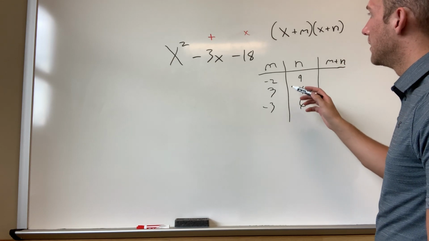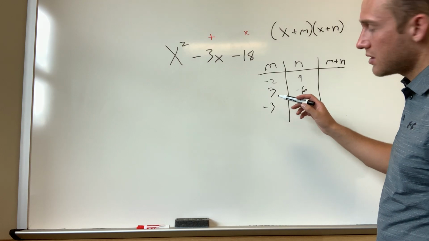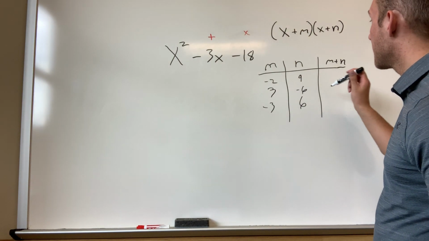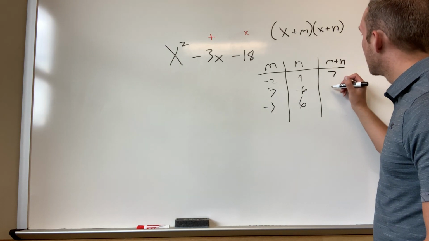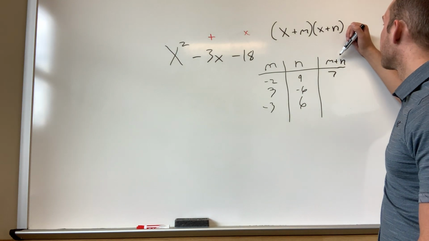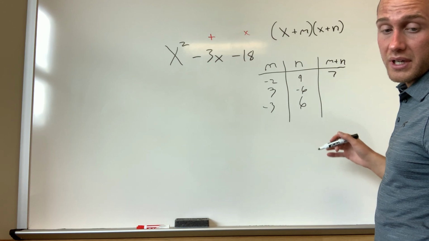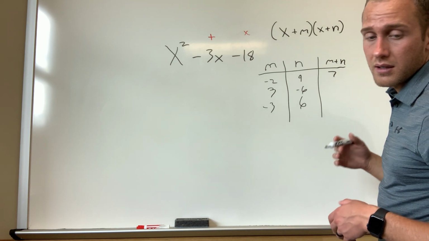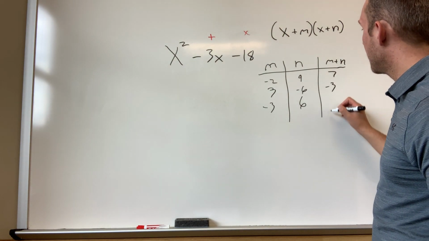So let's see here. Negative 2 plus 9 is 7. So we're plugging these in right here if you're a little lost. And then 3 plus negative 6 is negative 3.